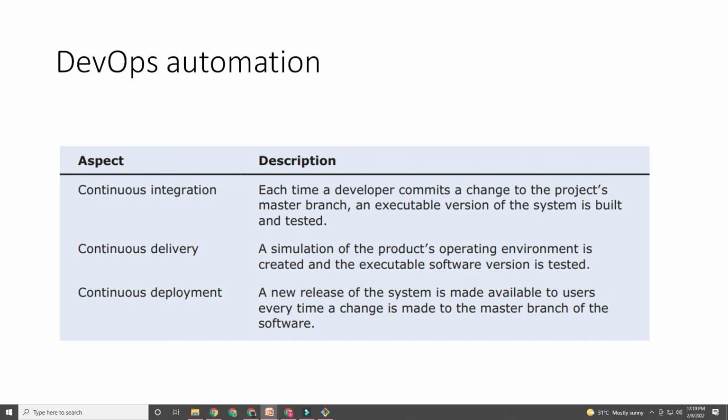So three things are there: continuous integration automatically takes the executable version of the code from the master branch. Continuous delivery tests the version and makes it available for deployment. In continuous deployment, you send the code to the users. All these three things can be done automatically.